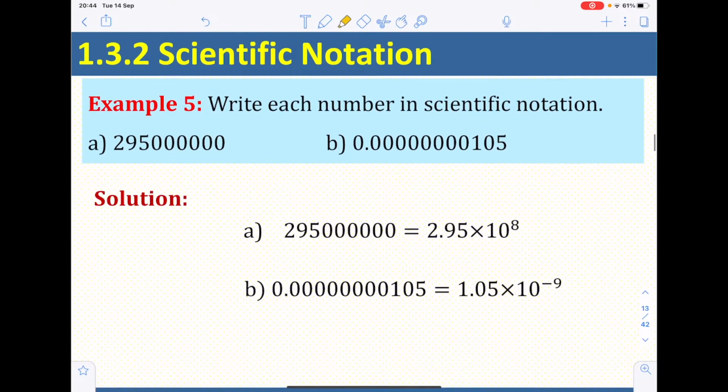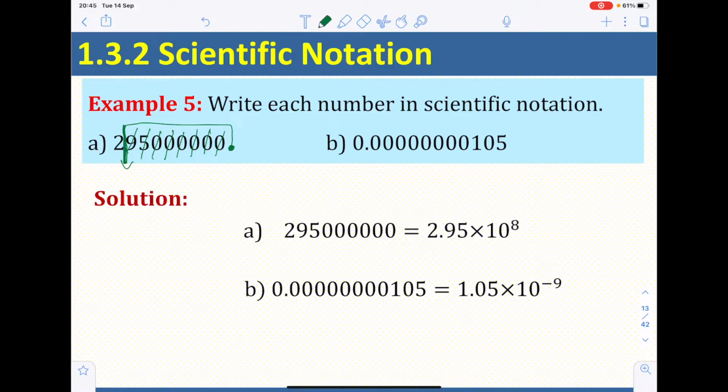So let's see here, how can we write each number in scientific notation? As we said, since we have to have the decimal in this position, and the decimal of any number is usually located at the very right end of the number, it is located here, and I have to move it from this side to this side. So count how many digits you have to move the decimal. 1, 2, 3, 4, 5, 6, 7, and 8.